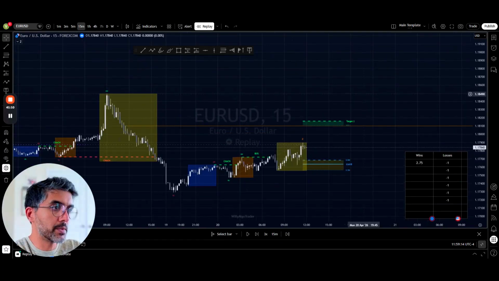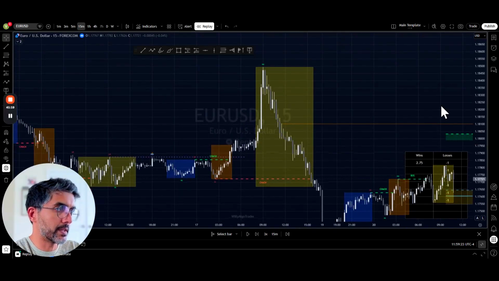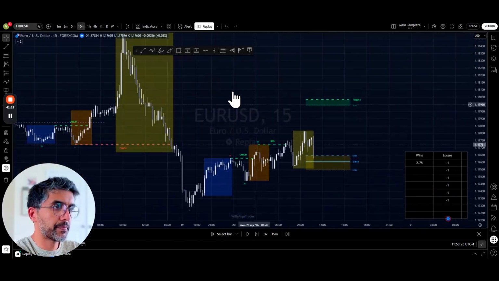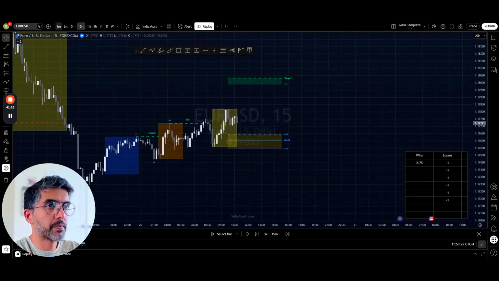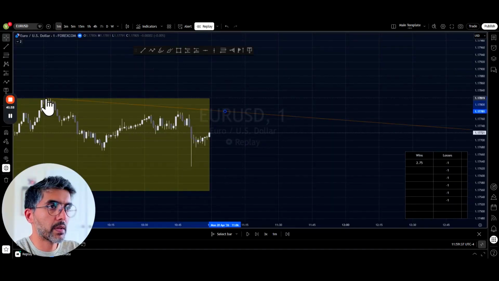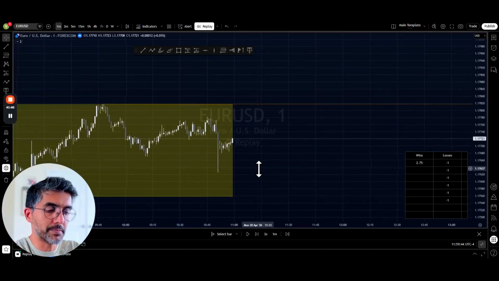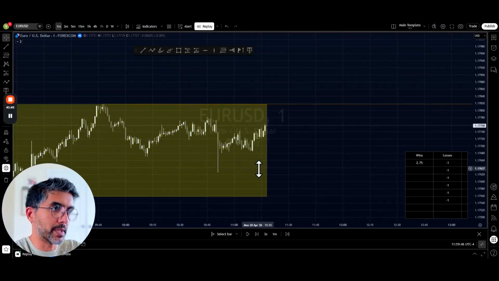All right, we're almost done the backtest. Got an event discount right here. Level of obedience really here, since these sellers did not close price below, so the price can push up beyond this level.